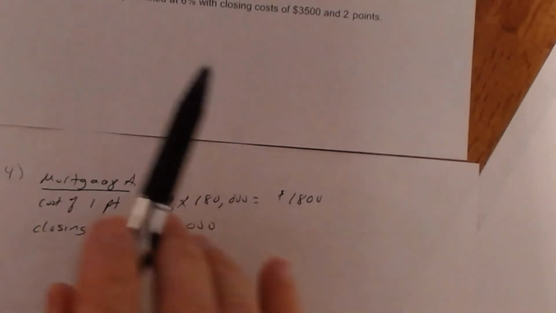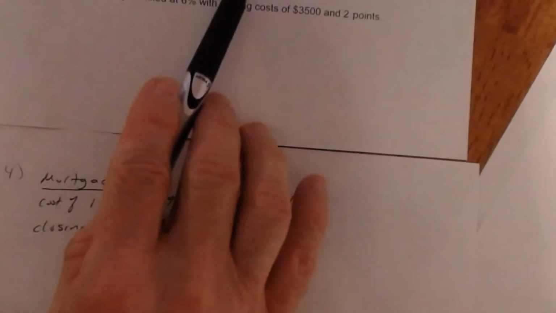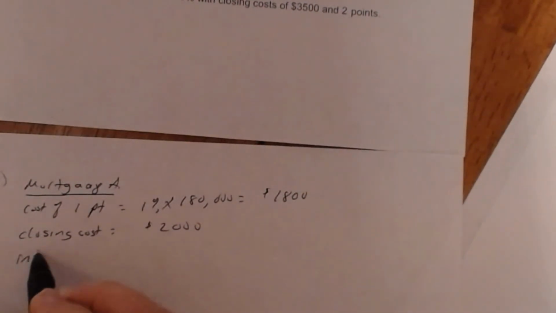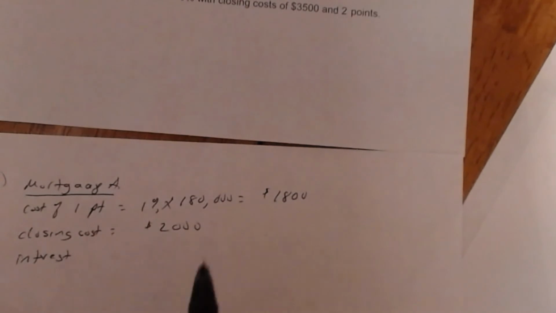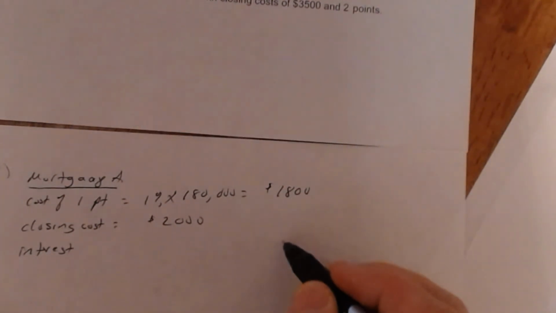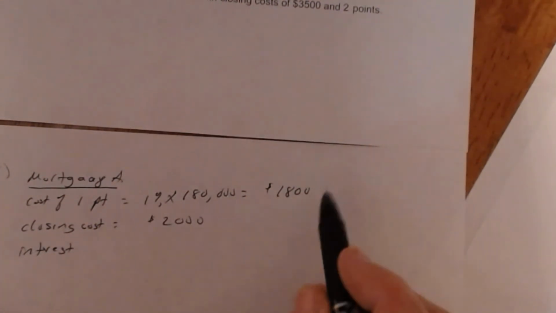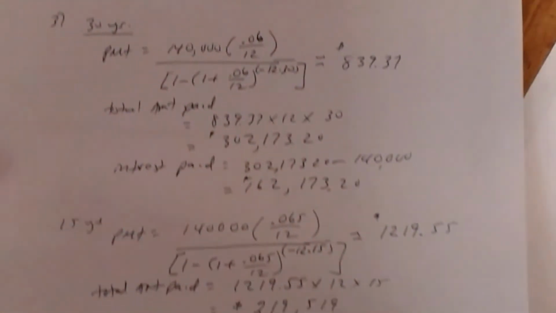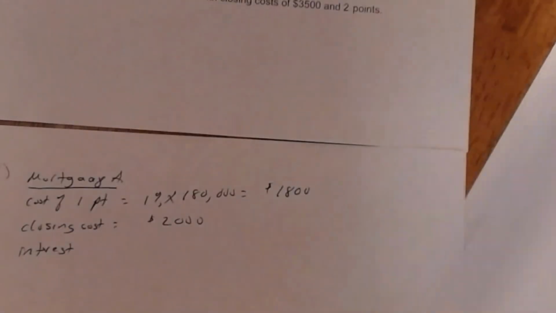And then the cost of the interest. So let's talk about the interest. To figure out the interest, we first have to figure out the monthly payment, just like we did for the previous one.